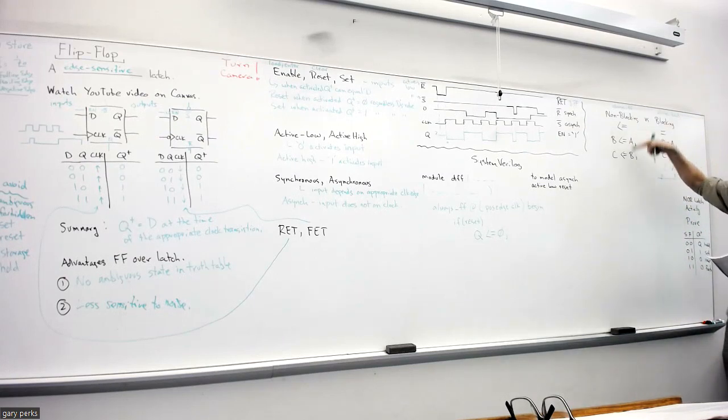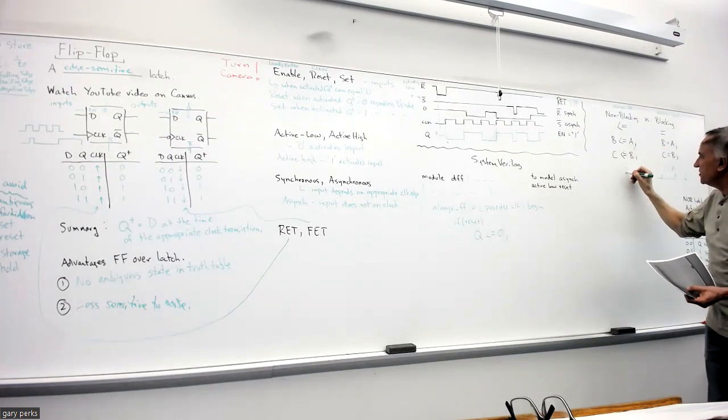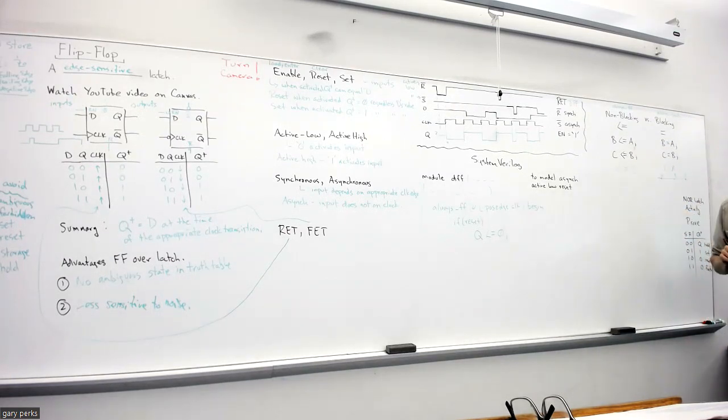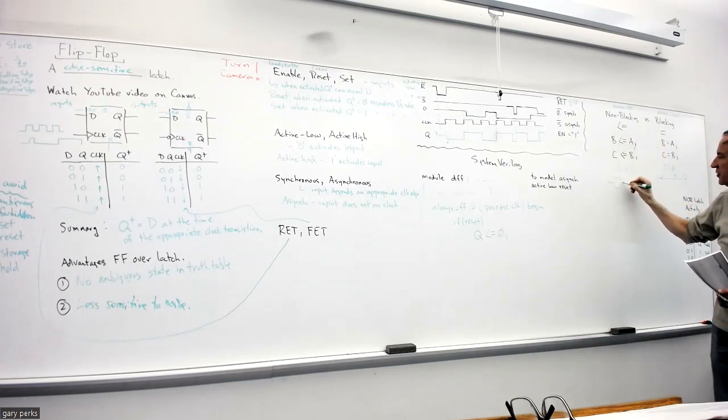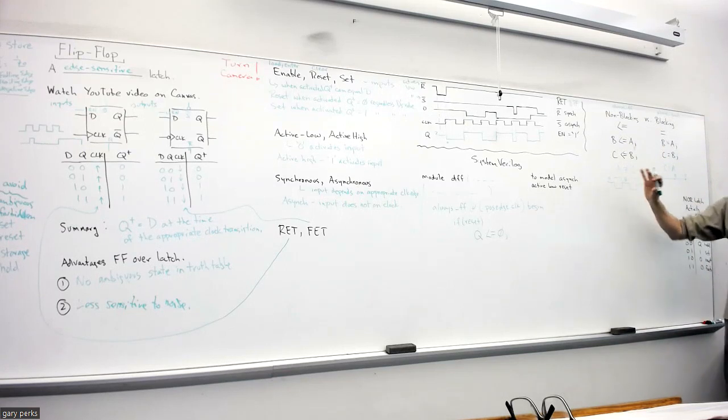But if you do the non-blocking, A is not going to equal C. SystemVerilog doesn't take this and model it as a wire. It actually puts circuitry in between. So A, B, and C are not connected on the same wire. There's actually circuitry, having to do with memory, that's put in between.